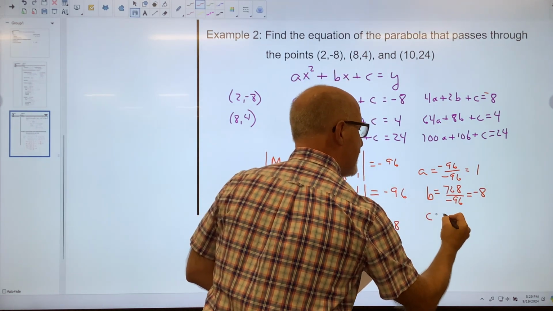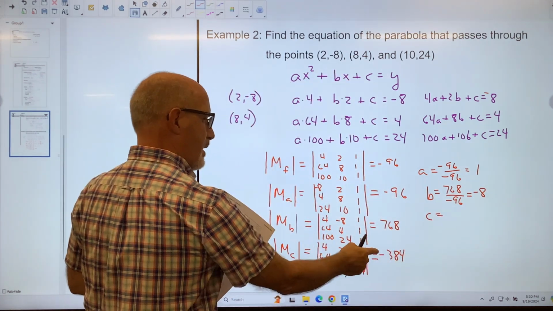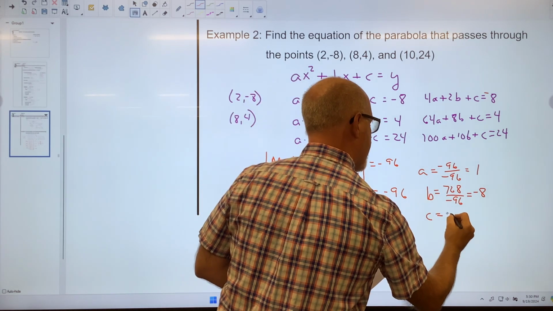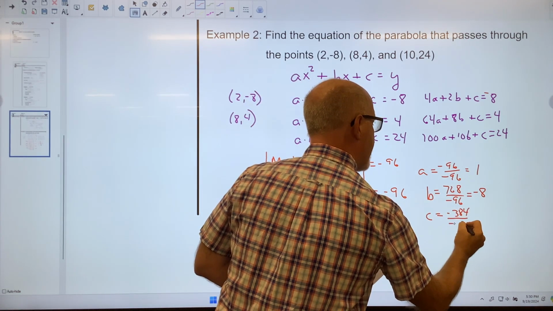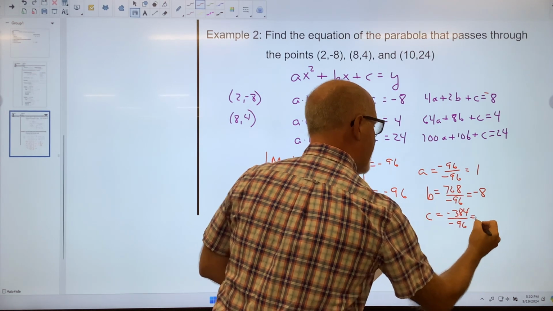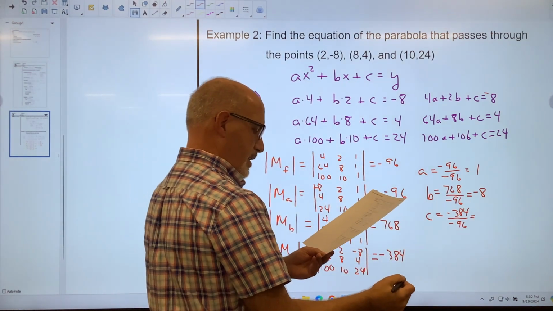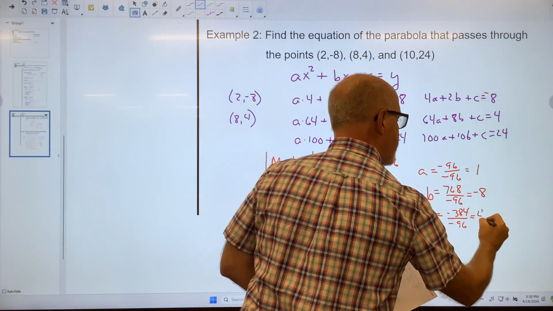And then my C is going to be equal to this determinant, negative 384 over negative 96. And when I calculate that one out, I get that to be 4.